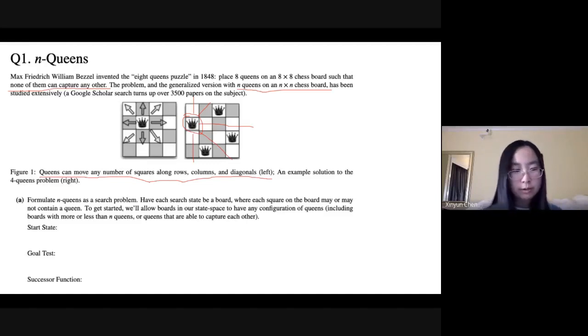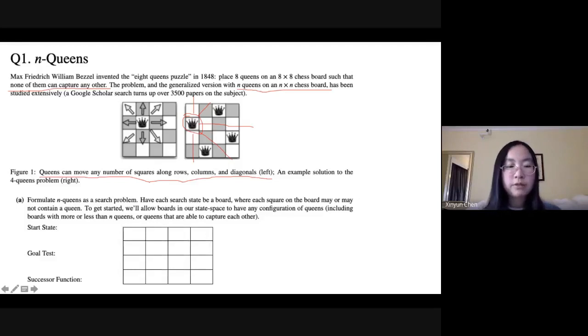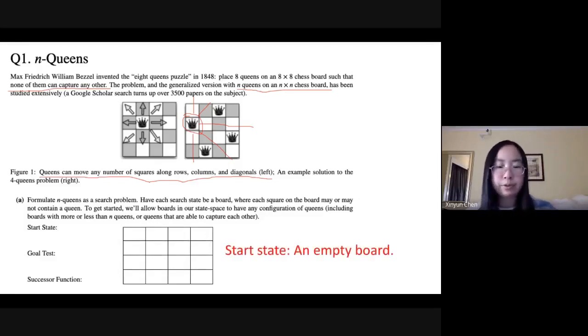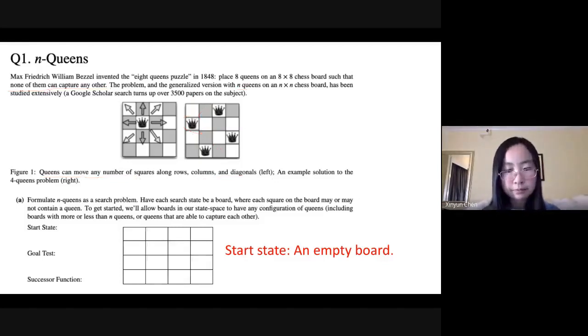The simplest way to think about it is, at the beginning of the search, if we haven't done anything, what the state should be like. For the N queens problem, it should just be an empty board, because there's nothing on the chessboard before we put any queens there. So this is the start state.